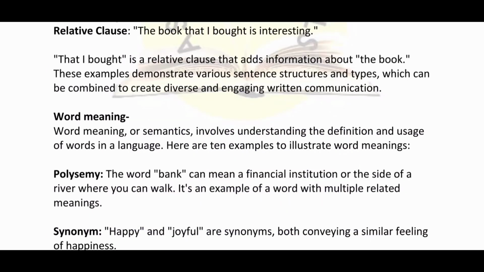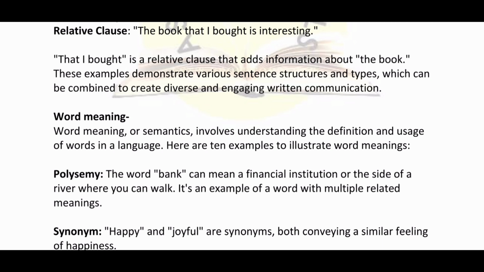So now we have relative clause. The book that I bought is interesting. That I bought is a relative clause that adds information about the book. Now see, if I just say the book, it has no sense, right?